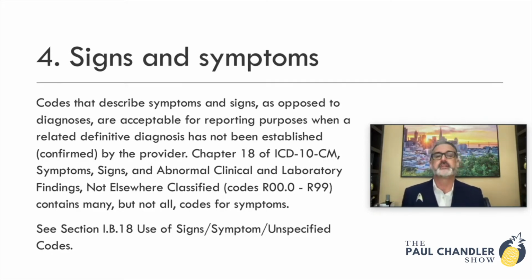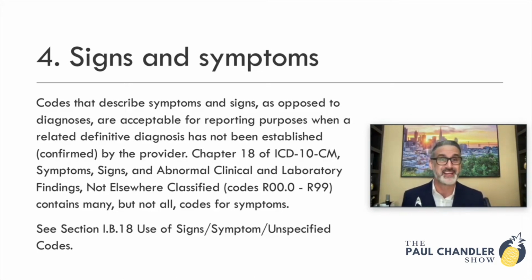Let's say, for example, a patient comes in with cough, fever, and chills, and then the doctor diagnoses the patient as having the flu or influenza. In that case, we would code the flu or the influenza. We would not code the cough, the fever, and the chills if the patient has that definitive diagnosis.